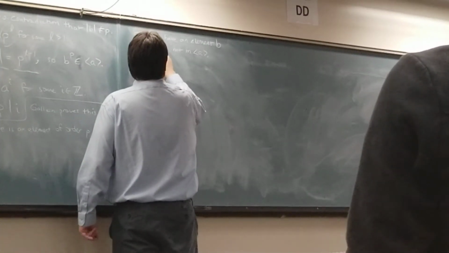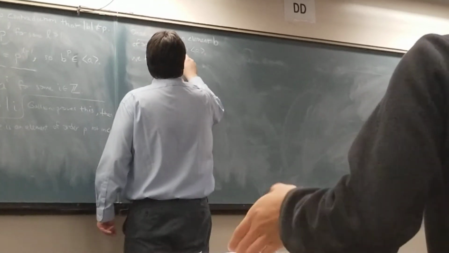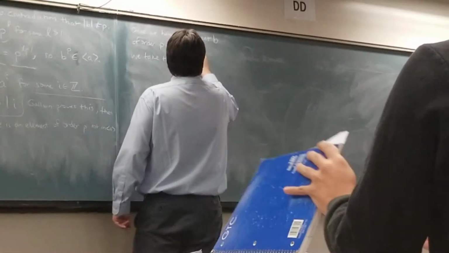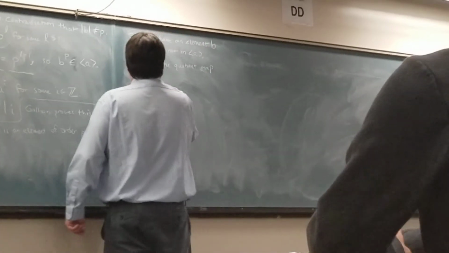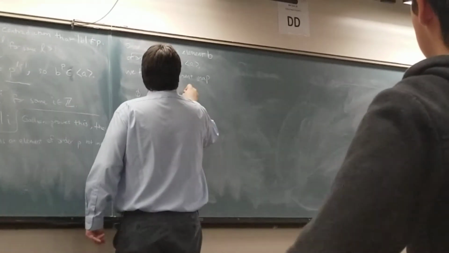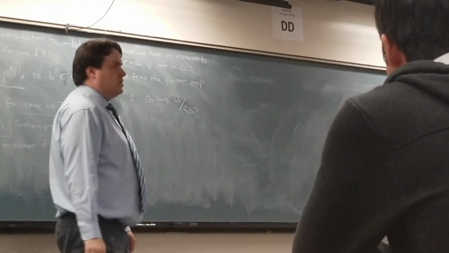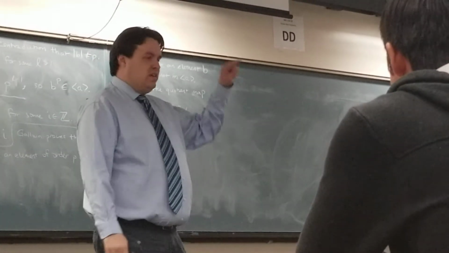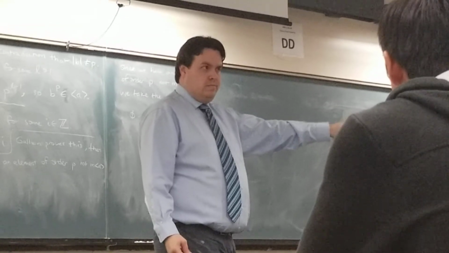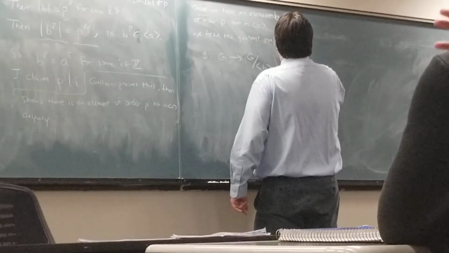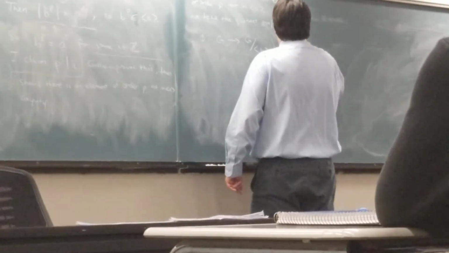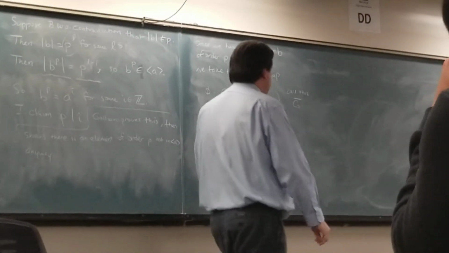We take the quotient map from G to G mod the subgroup generated by B. So we drop down to a quotient group, which he calls G bar.